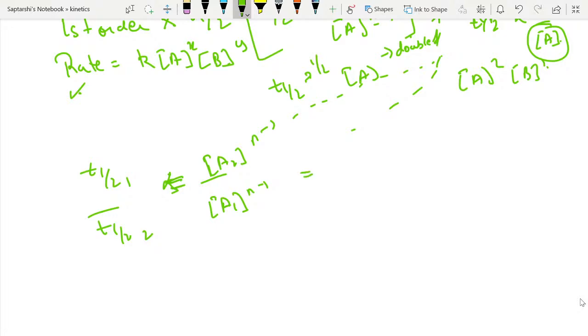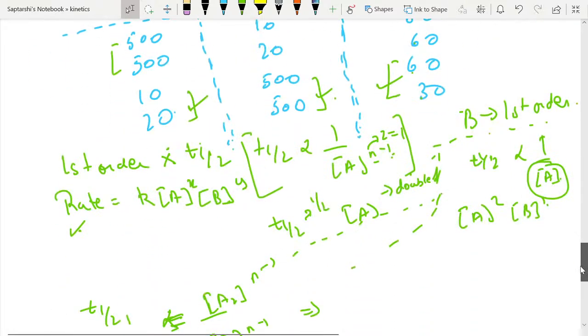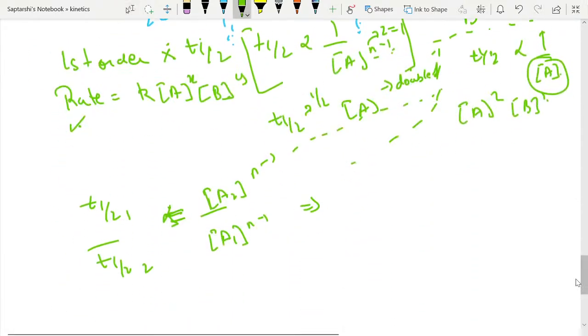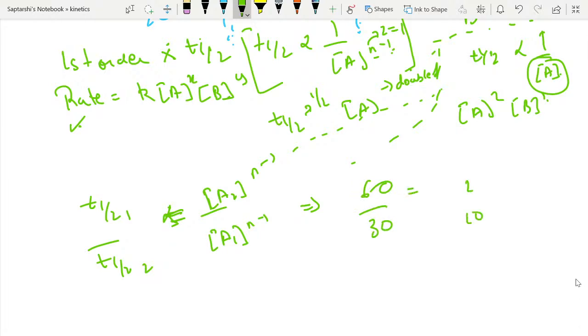Now what we do is, suppose in the last two cases only, we have 60 and 30, 10 and 20. So we have 60, 30, we have 10 and 20. This whole is n minus 1. So the 60 by 30 is 2. And this is like 2 to the power n minus 1.